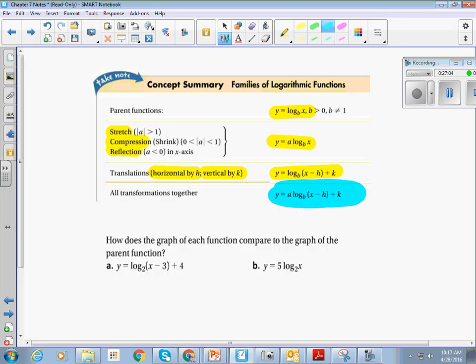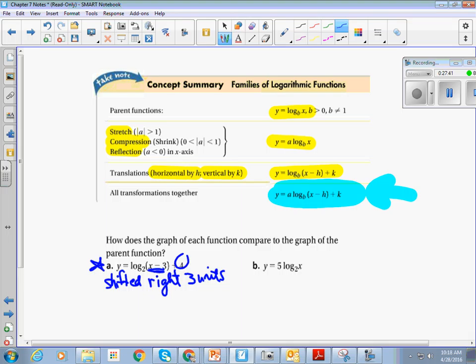Okay, so we are going to take this guy right here, and we're going to compare it to our function here and see how it compares to the parent function. So this is a graph that is shifted, because I have a negative inside there, it's going to be shifted right three units.